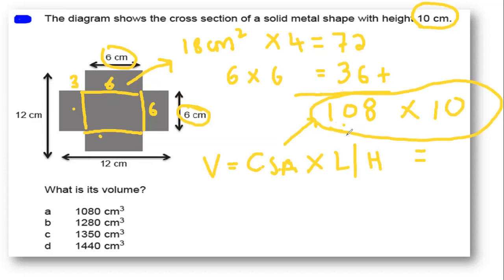Anybody? Okay, thank you. It's actually 1,000 and 80. All we need to do is just add the 0 to the 108 to get 1080. All right? Any questions? Come on. This question is kind of rough. I'm not going to lie to you.